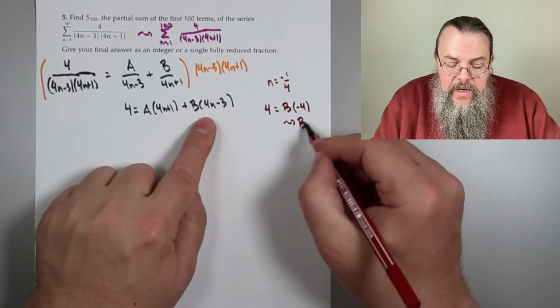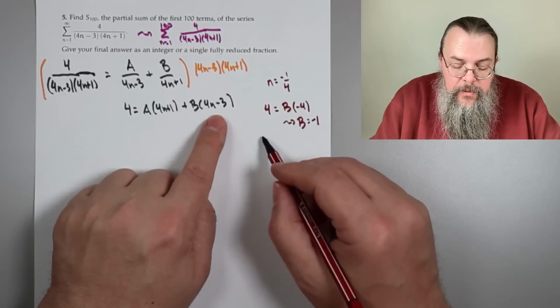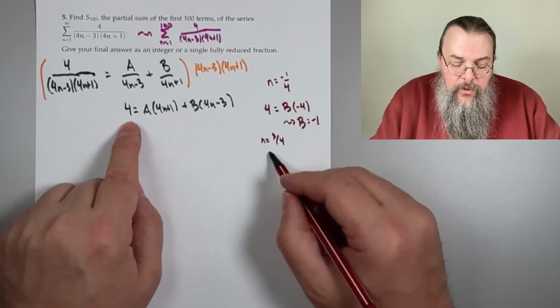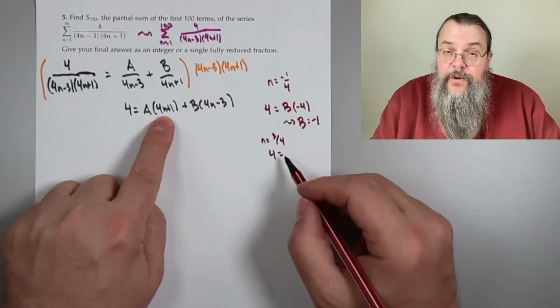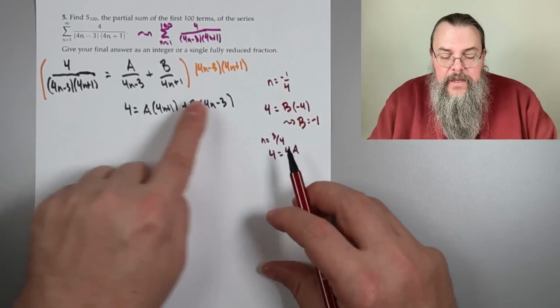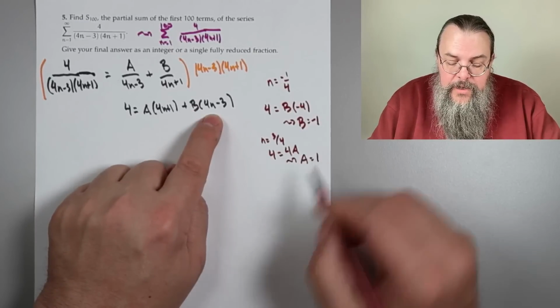So B is negative 1. Now, what about n equals 3/4? Then 3/4 times 4 is 3, plus 1 is 4, so 4 is 4A, and the B term goes away. So A equals 1.